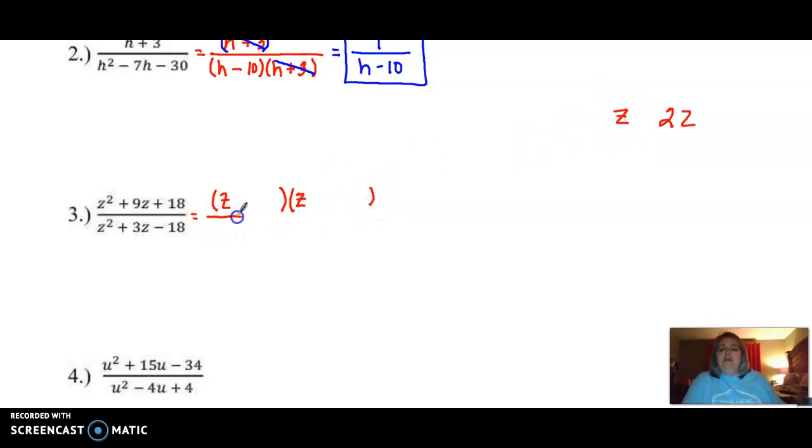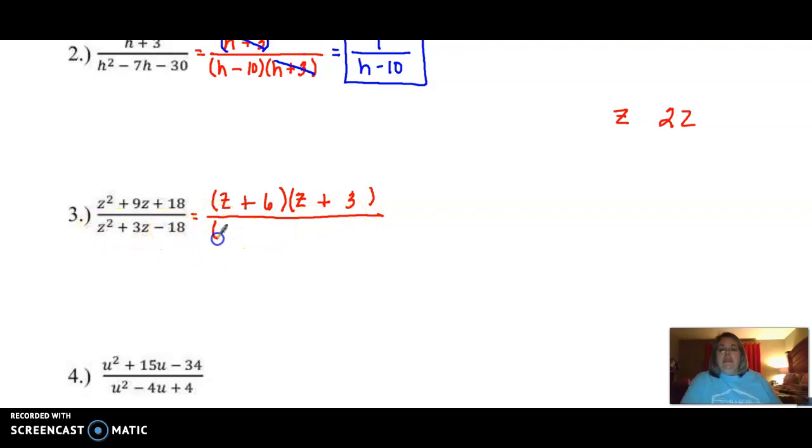Okay. So factors of z squared would be z and z. Factors of 18 that will add or subtract to be 9. Well, I could use 6 and 3 because 6 plus 3 will give me 9. And I need them both to be positive. And hopefully you've been doing your practice with your factoring, and so you're really good at that by now.